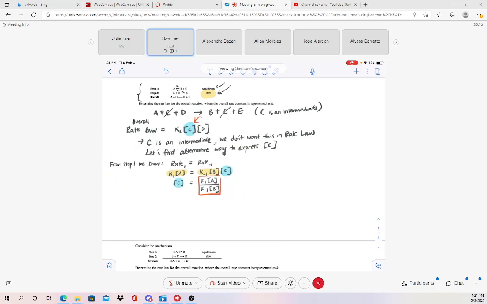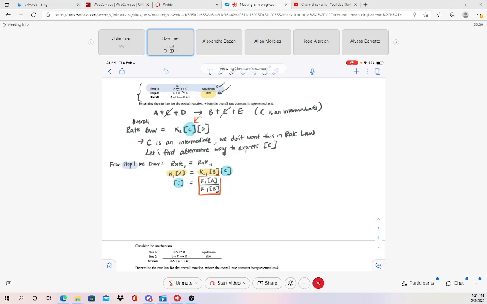So I'm going to explain this one more time. From step 1 here, we are already provided the information that this is an equilibrium reaction.